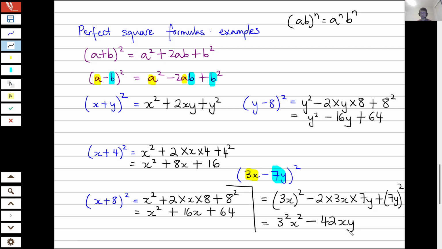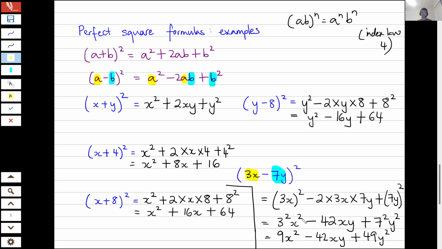So my middle term is 42xy plus 7 squared y squared. Again, applying index law number 4 when squaring an expression in brackets. And I would like you to go one step further and evaluate 3 squared and 7 squared. 3 squared is 3 times 3, which is 9. 7 squared is 7 times 7, which gives me 49.